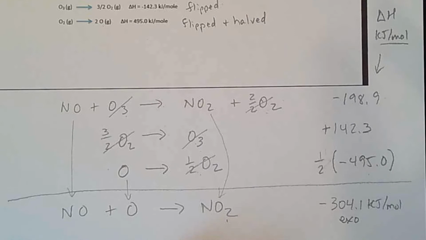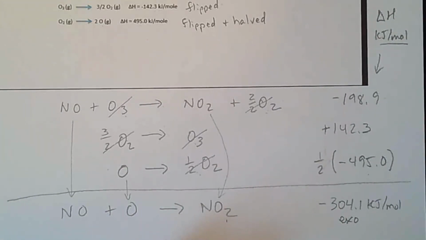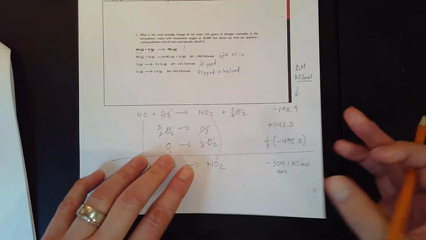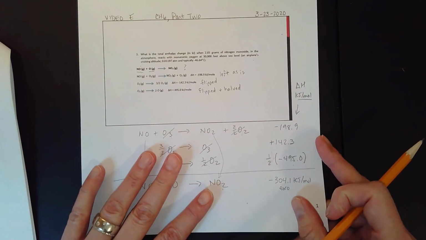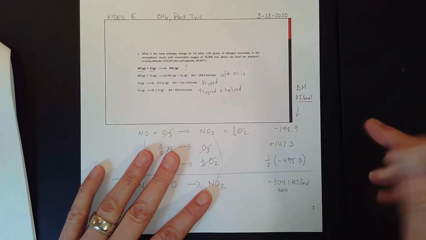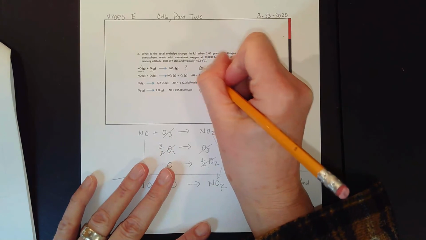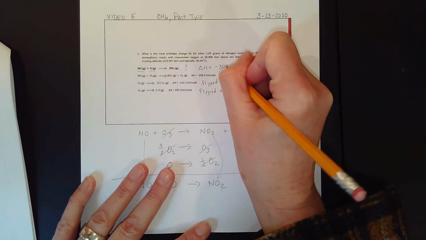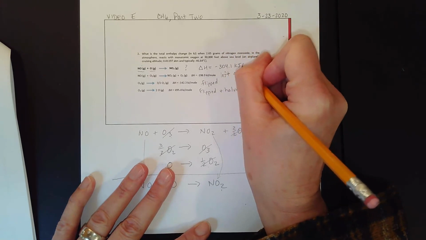Okay, so now I'm going to try to zoom back out. Now we know the delta H for the reaction we had up here. So our delta H is negative 304.1 kilojoules per mole.